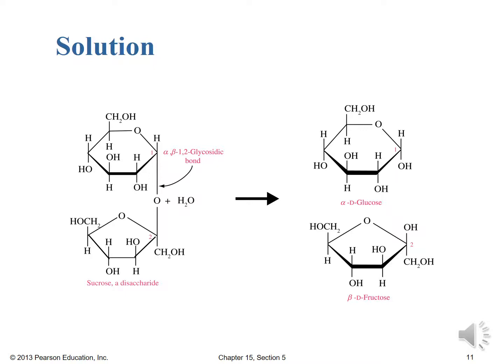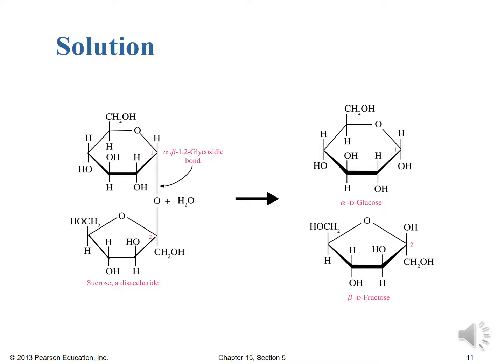Okay, and there we have it. Hopefully it was a pretty simple task for you. So we take that oxygen that's bridging these two structures in that acetal linkage, and we go ahead and break it up, and whichever carbons are there, in this case carbon 1 of our glucose and carbon 2 of our fructose, get an OH group where we had just that O linkage.